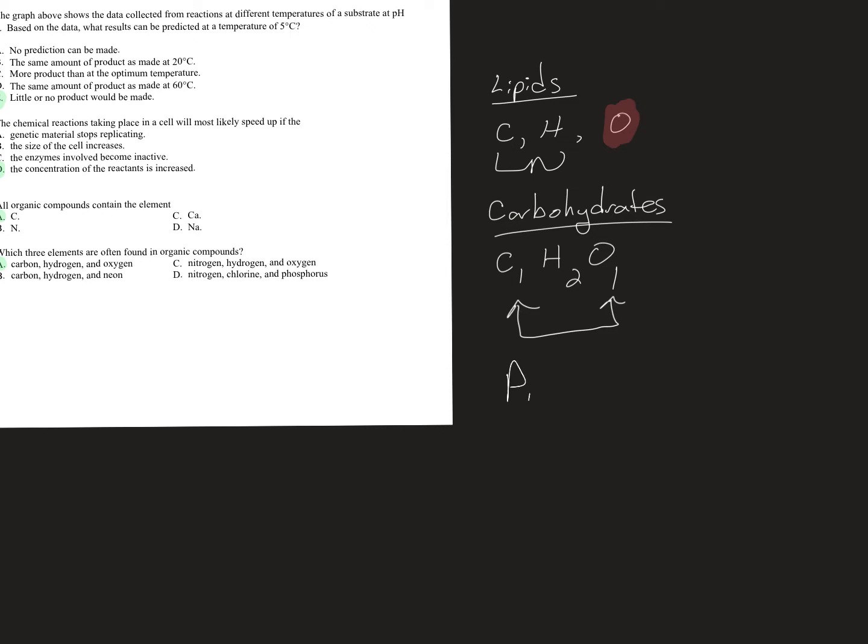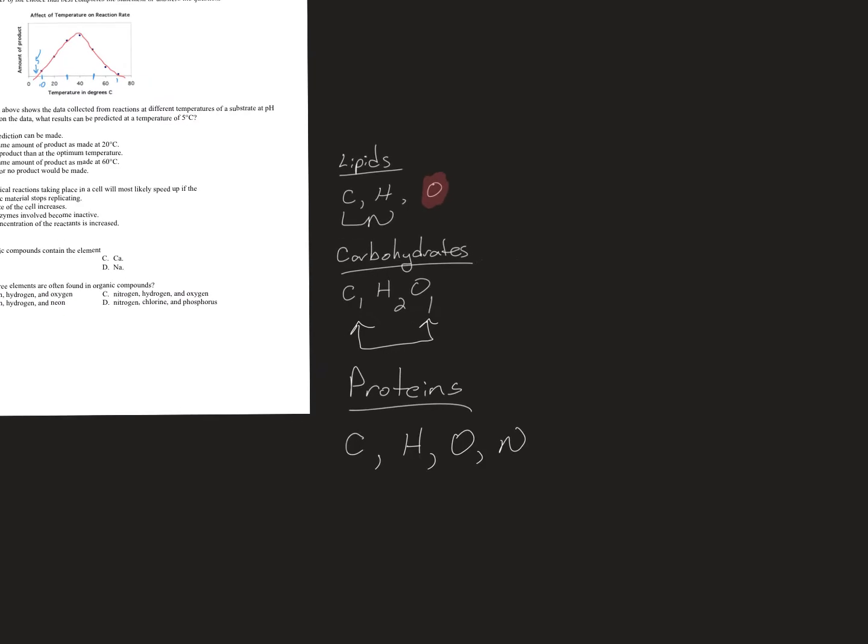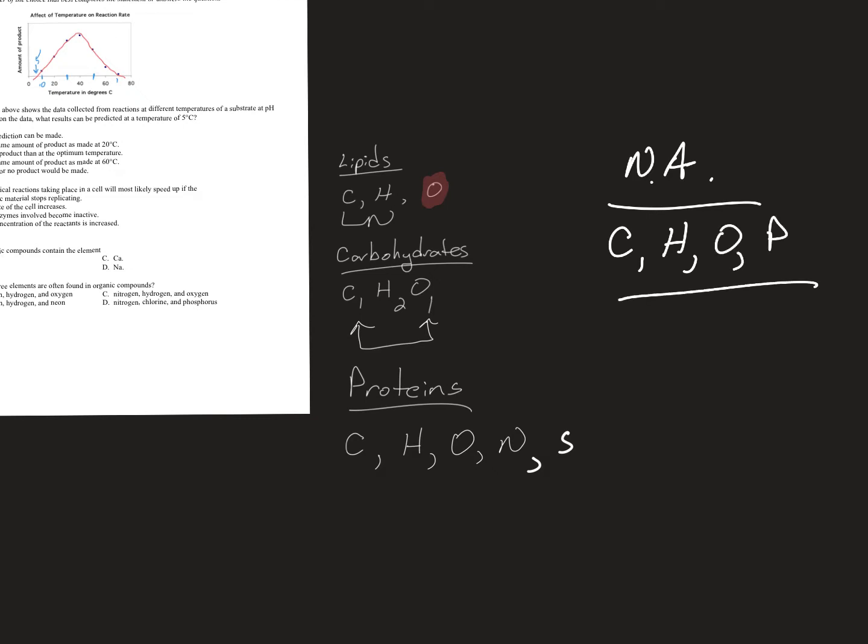We talked about proteins. Went through the structure of proteins. We talked about the idea that carbon, hydrogen, oxygen, and nitrogen are in proteins, and some sulfur, by the way. And we talked about nucleic acids, and we said there's carbon, hydrogen, oxygen, phosphorus, and nitrogen.